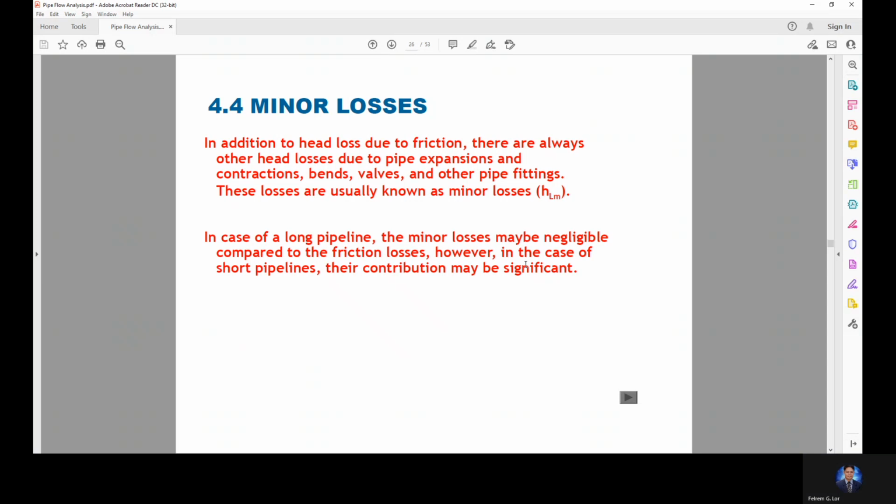So we can incorporate that in our loss. Actually it depends; if when you compute it the value is very small, we can just neglect it. Okay? So for short pipelines, their contribution may be significant.